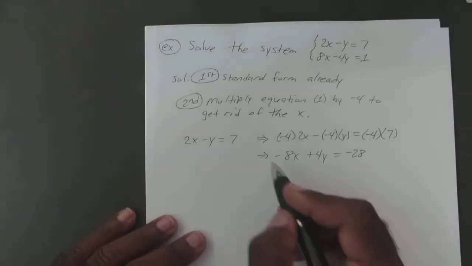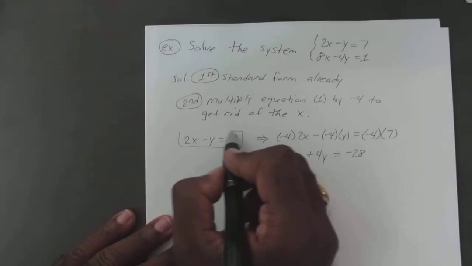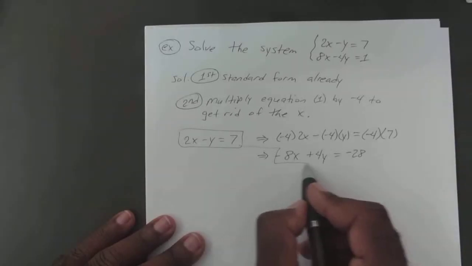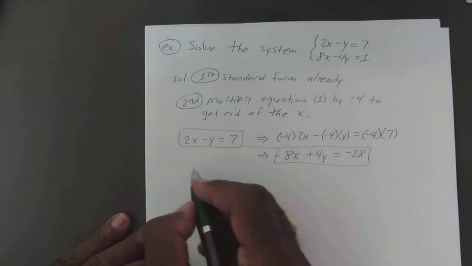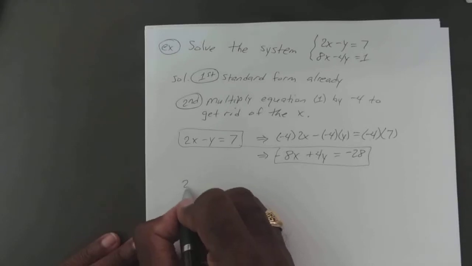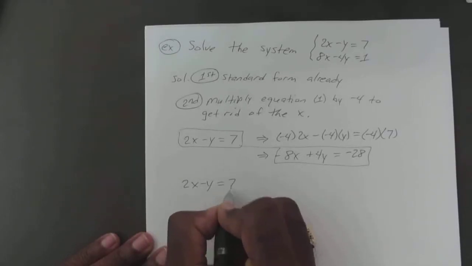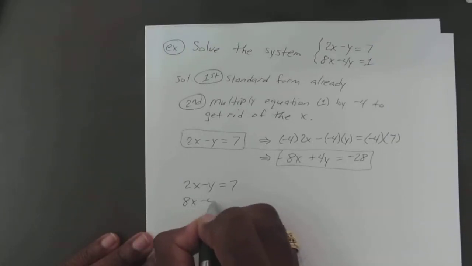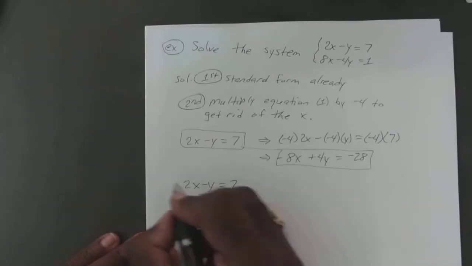Okay, so now we're going to replace this equation with this one. So that means you have your 2x minus y equals 7 and 8x minus 4y equals 1.